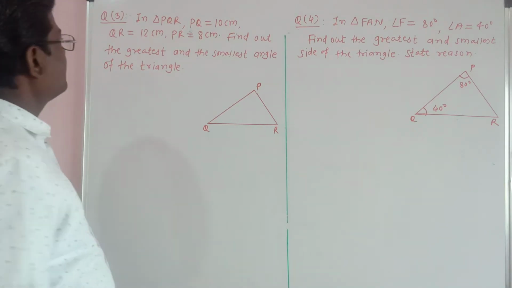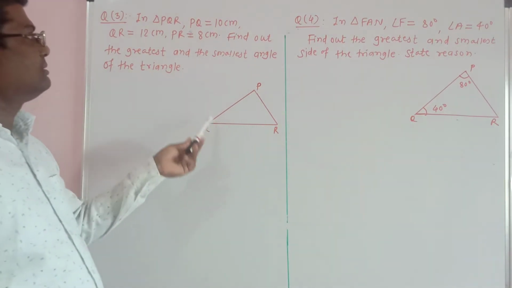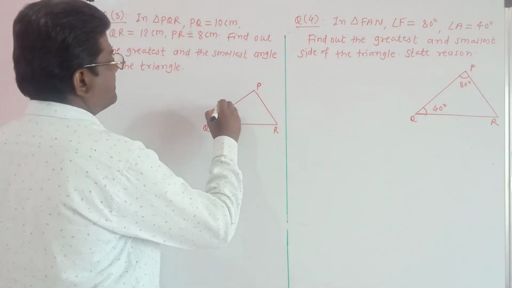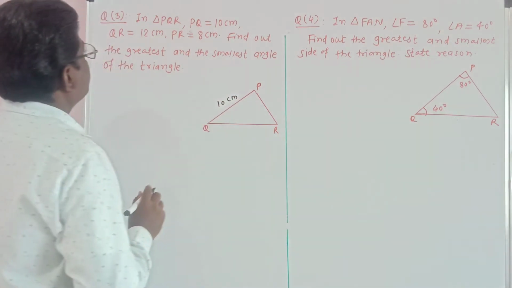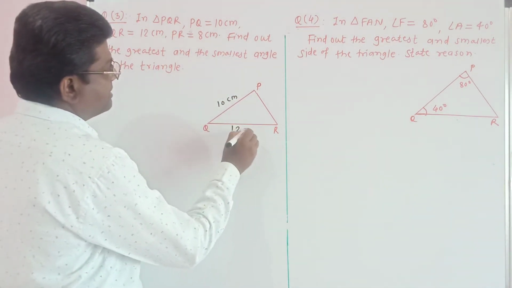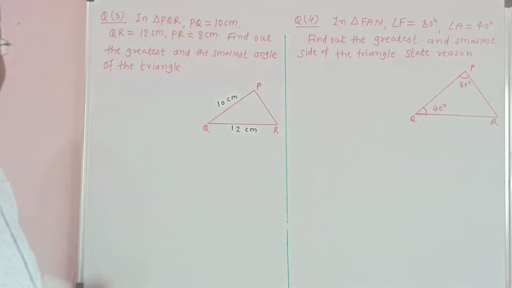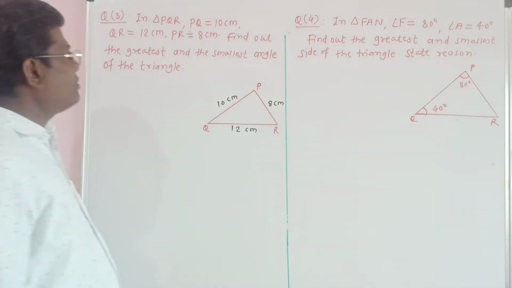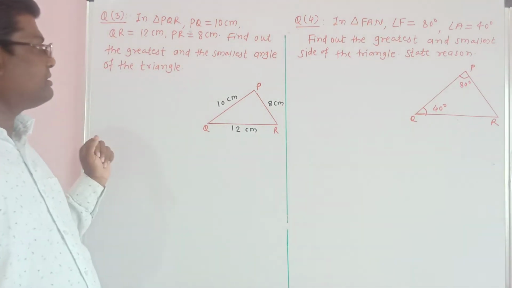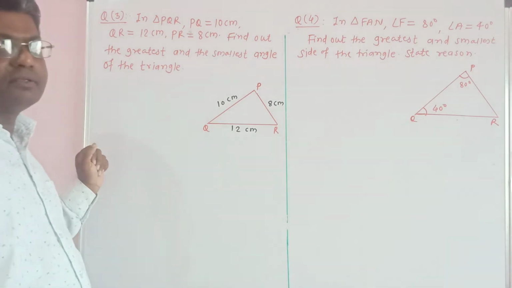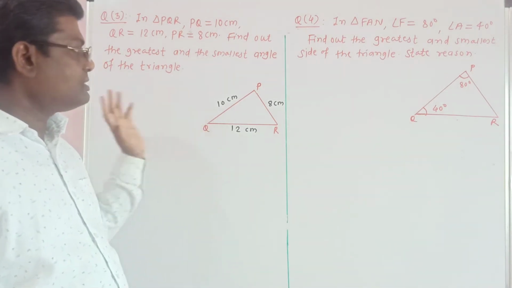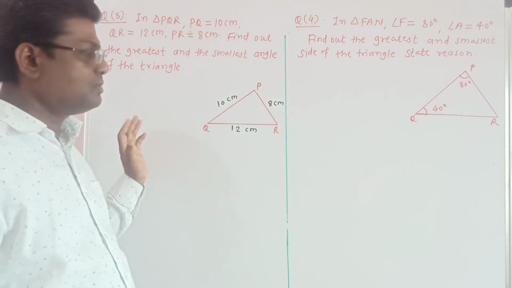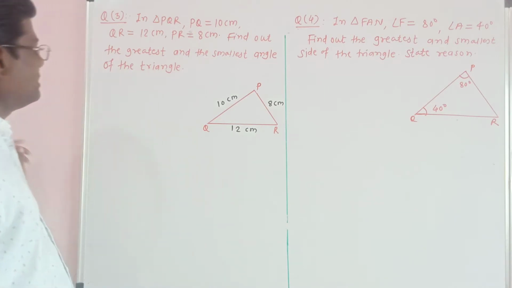Question number 3. In triangle PQR, PQ is equal to 10 centimeters, QR is equal to 12 centimeters and PR is equal to 8 centimeters. We have to find the greatest and smallest angle of the triangle. We know that the angle opposite to the greater side is greater and the angle opposite to the smaller side is smaller.